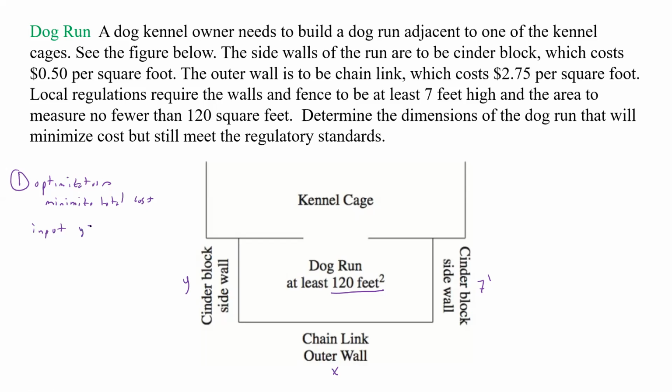So let's say Y is equal to the block wall and X is equal to the chain link wall. Okay, all right, so that is what our optimization is. They've already given us the diagram, so we've done that. We just labeled it X and Y, which is what we needed to do here.